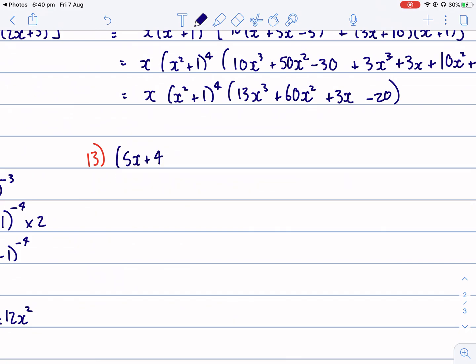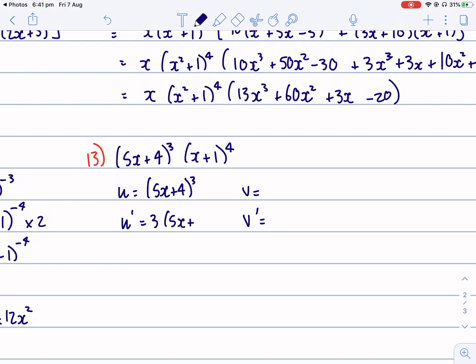5x plus 4 cubed, x plus 1 to the 4, u dash, v dash. By now, you really should not be having to write u dash, v dash. Maybe v dash sometimes, okay. Do this. So we've got 5x plus 4 cubed. We're going to have 3 times 5x plus 4 squared, but we're going to have to times it by 5.